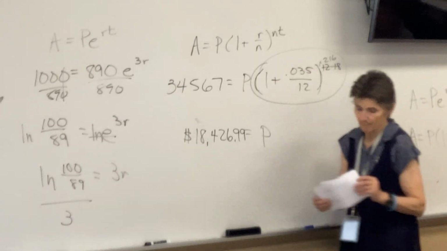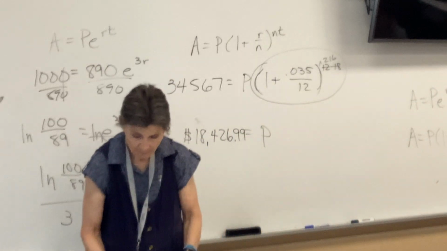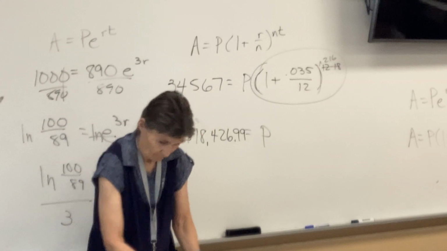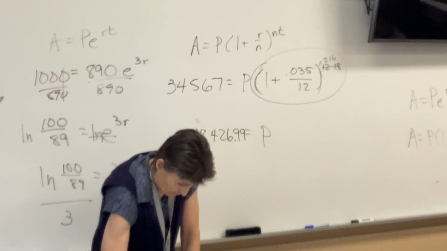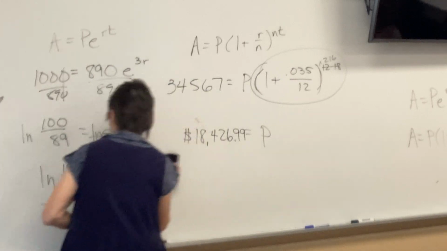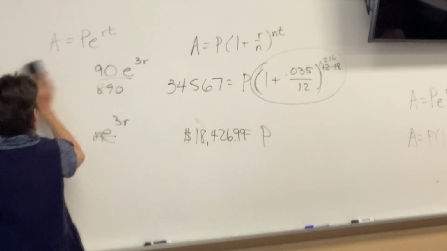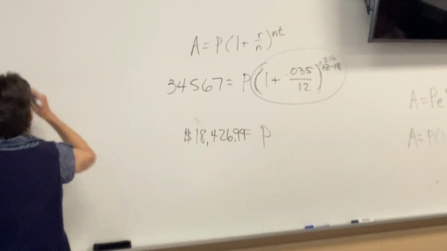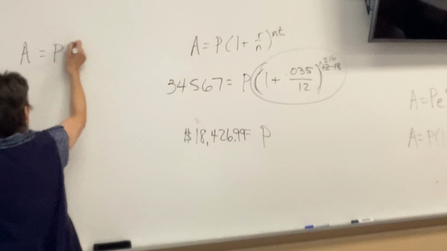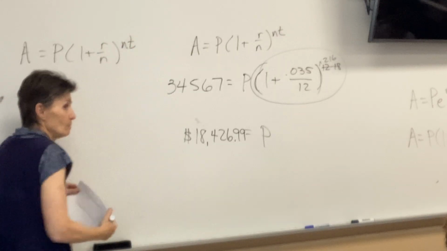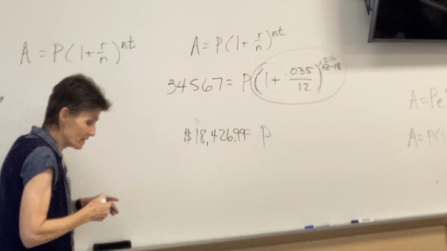Problem number 1. Come on, we're going to get problem number 1 done. It's the second formula. Somebody in the audience has suggested that we are using our compound interest formula, that bottom one. How do we know it's that one?